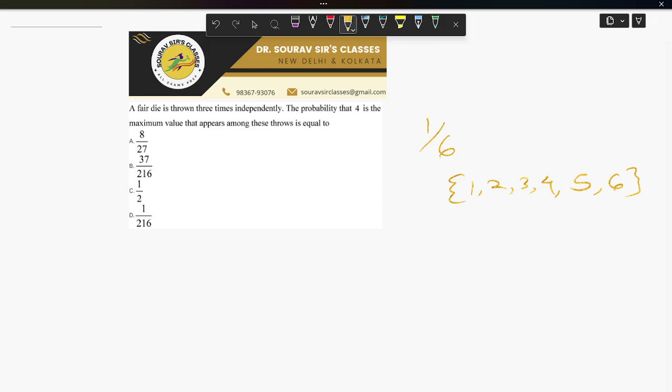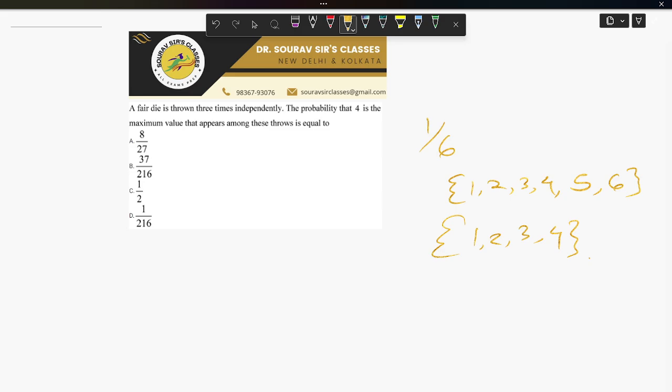So the allowed outcomes for each throw are what? 1, 2, 3, 4, since 5 and 6 would make the maximum greater than 4. Now at least one of the 3 throws must be a 4. If all throws are 1, 2 or 3, the maximum would be 3 or less.